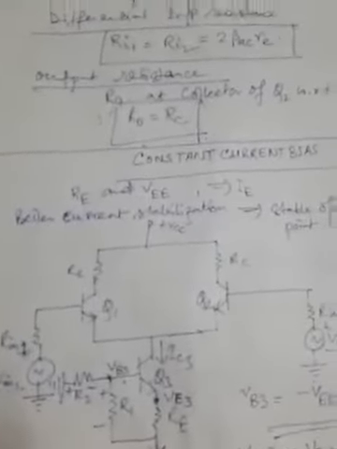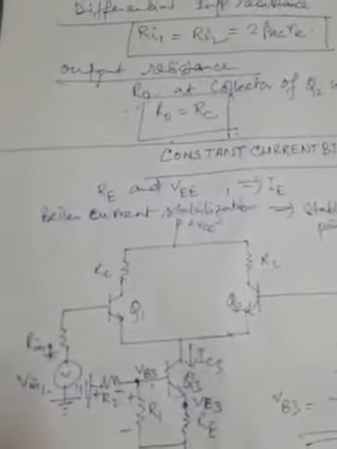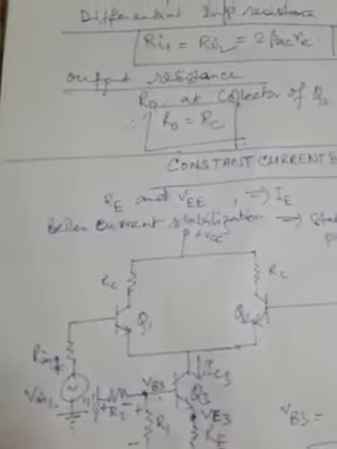So if we now substitute VB3 from here into this equation, we may write VE3 is given by minus R2 VEE divided by R1 plus R2 minus VBE3.